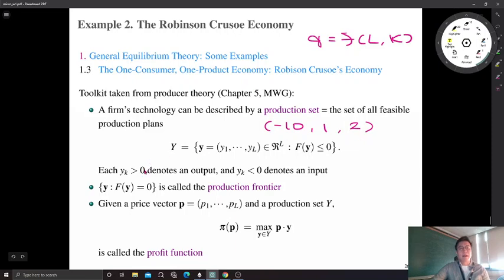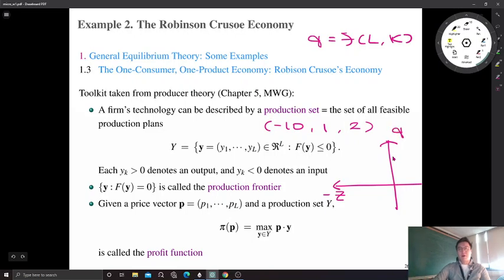All right, so that is the production set. If one firm uses one input to produce one output, then we can describe this production set on the XY coordinate system. Once again, the input is a negative number. So let me call this z. One input, okay, and the output is a positive number.